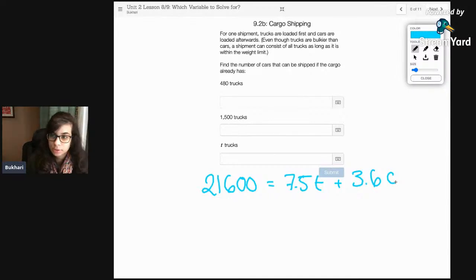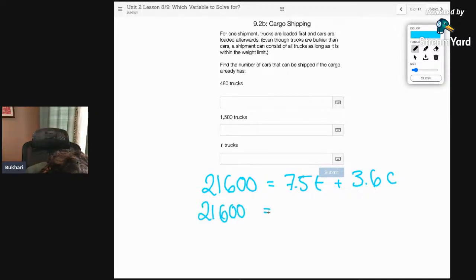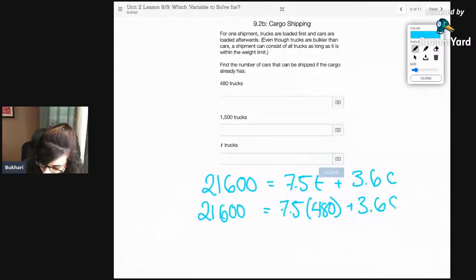And so how can we use that to find our number of cars? Let's say I know the number of trucks is 480. 7.5 times 480 plus 3.6 C, replacing your variable. Think about what we were talking about before.